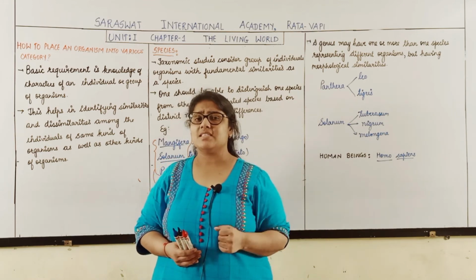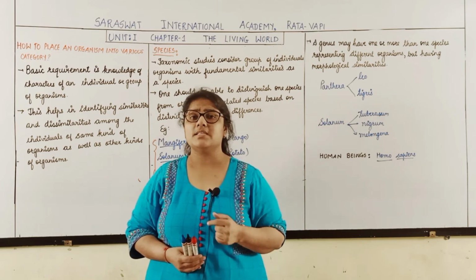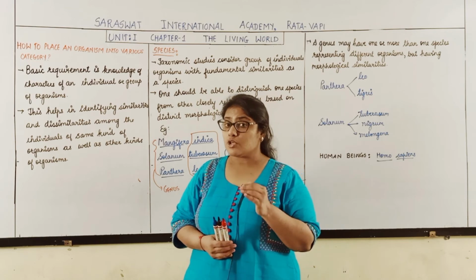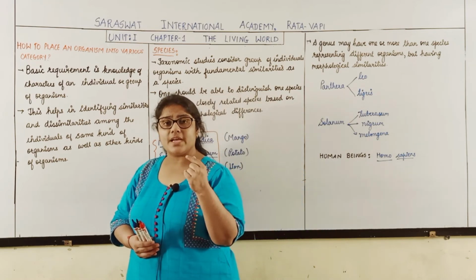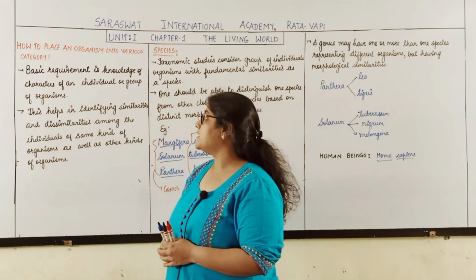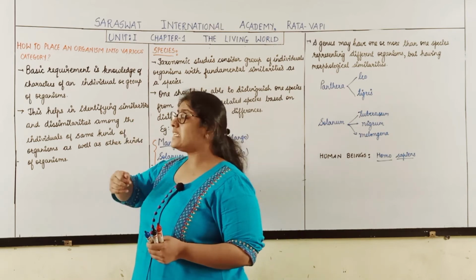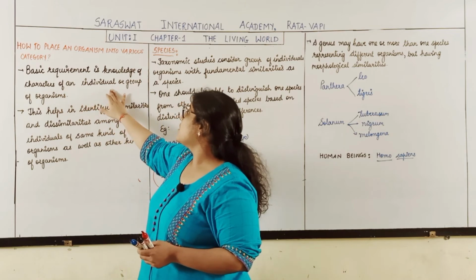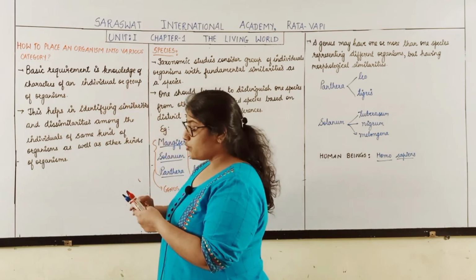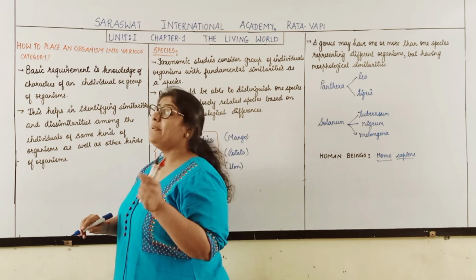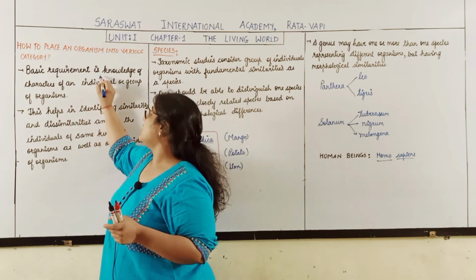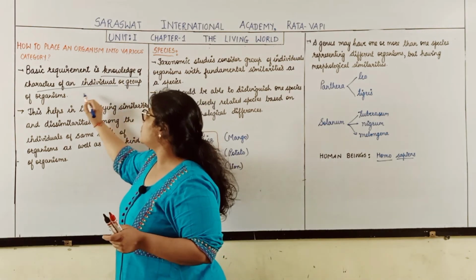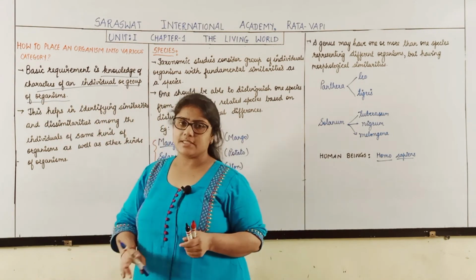Now the question arises, how to place an organism into the various taxonomic categories? To do so, there is a need for knowledge of the characters of an individual or group of organisms.